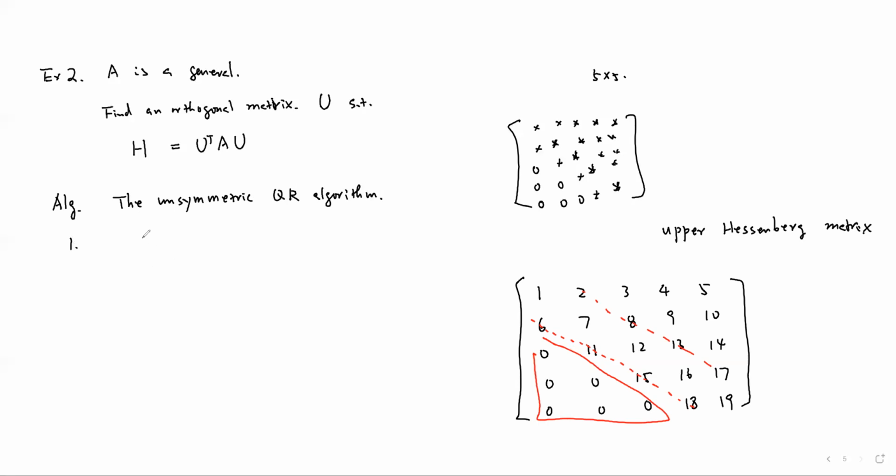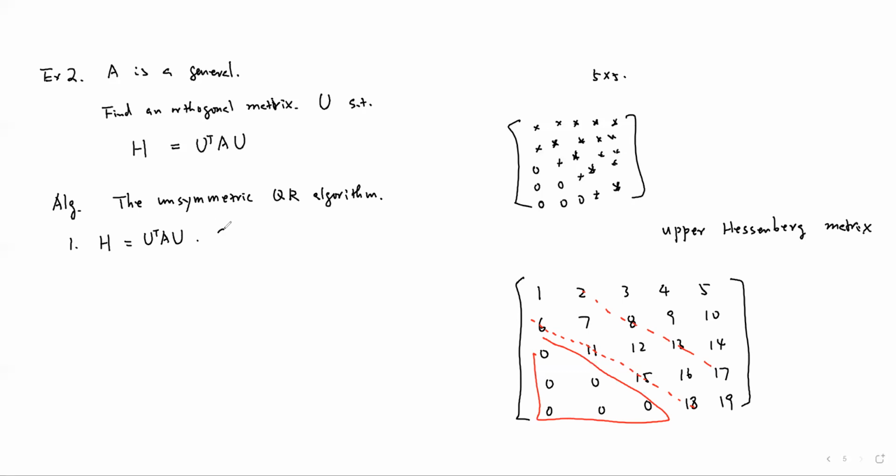Step one, transform the matrix A. Find some orthogonal matrix to transform the matrix A into upper Hessenberg.